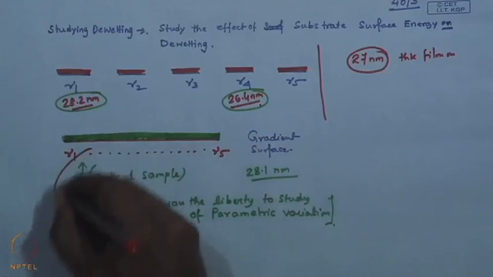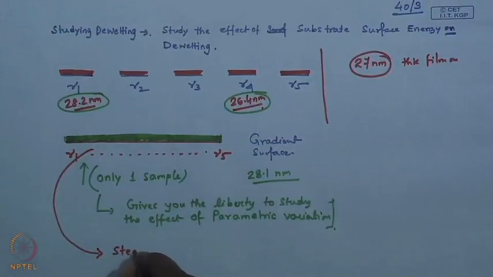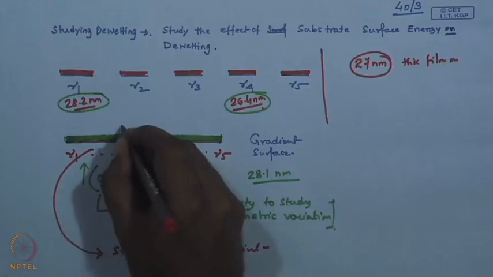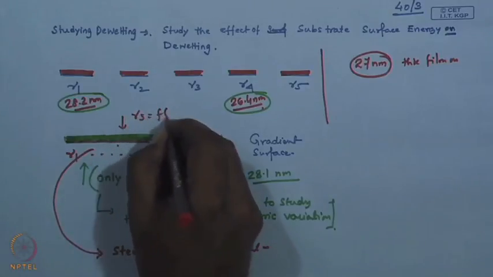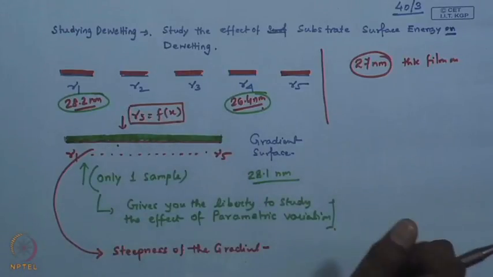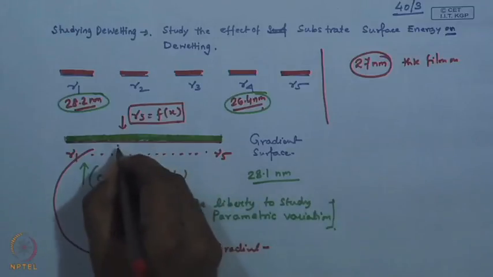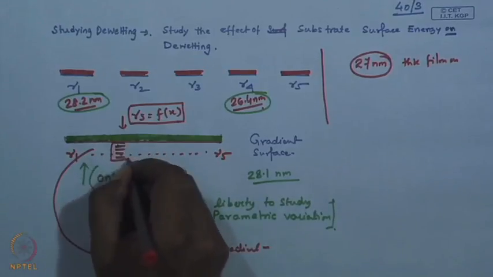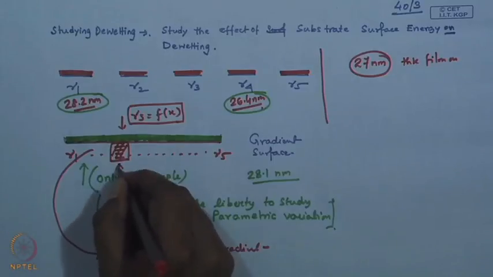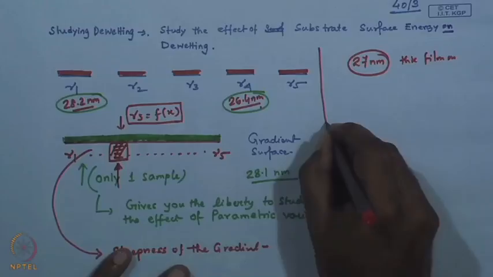And the second important thing is you need to identify or quantify the steepness of the gradient, so that you know the precise surface tension as a function of x, or the surface property, it can be gamma s or any other surface property if it is topography. So, for example, if you are looking at dewetting over this location, you must have an idea of what the surface energy is at this particular location. So, these are the only two things that are necessary.